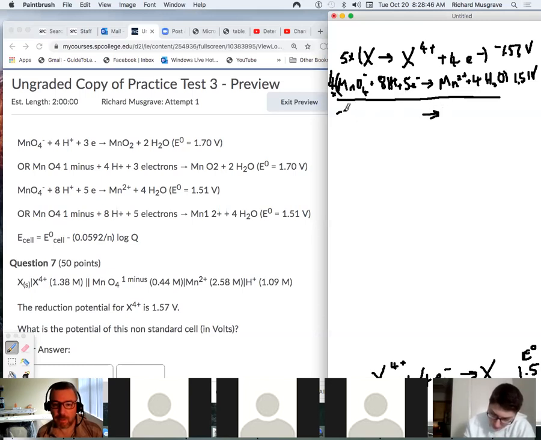So over here on the left side, I've got 5X, and I'll have 4 MnO4 minus, and I'll have 32H plus.